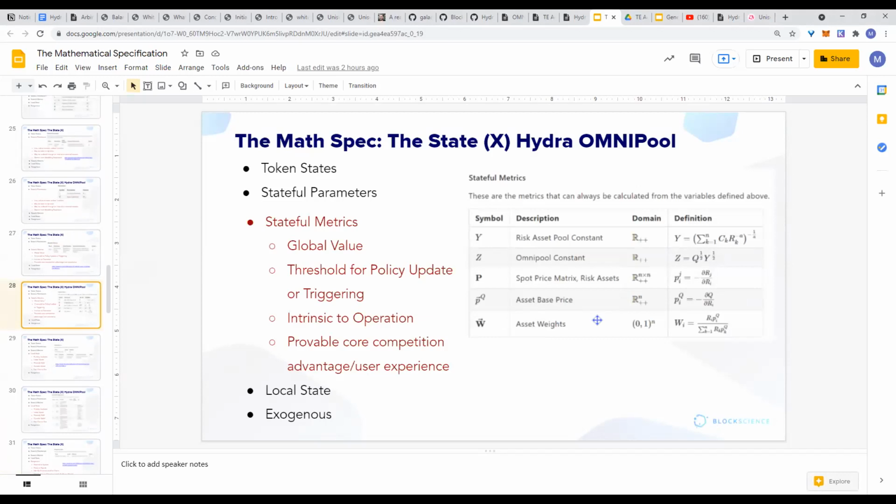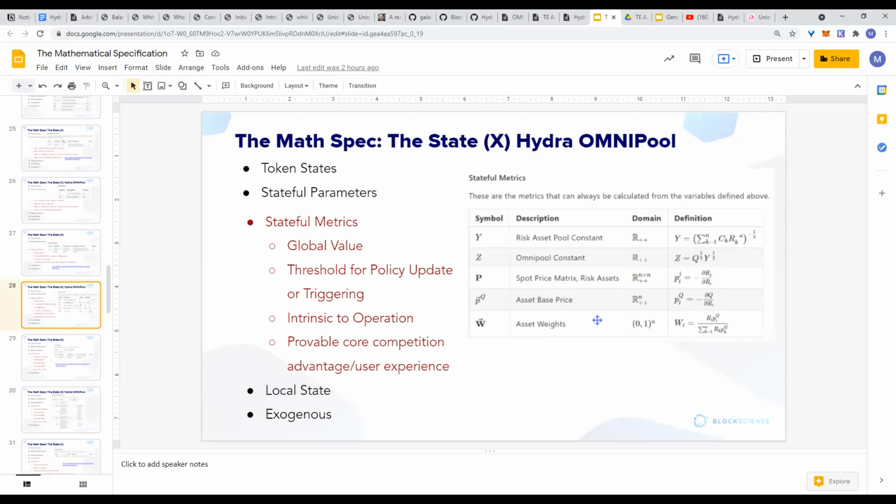Yeah, so the R++ we use for real but always positive, and not including 0. Let's see what else.